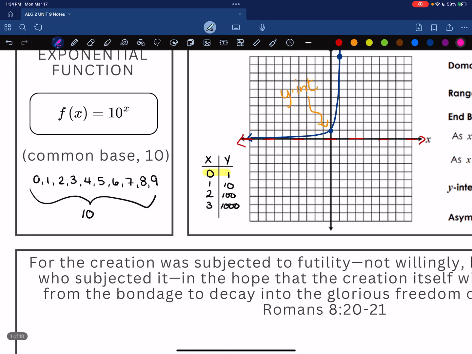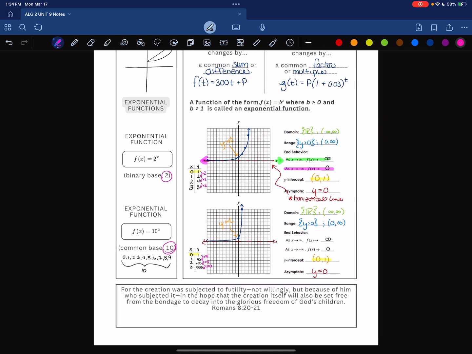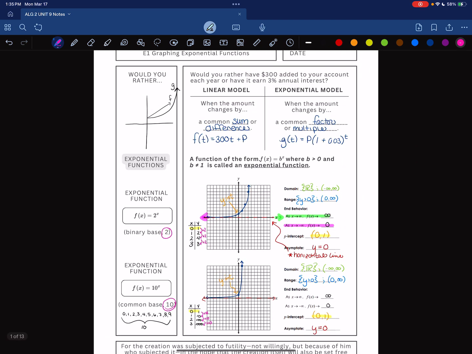And here it is each time multiplying by 10, which is the base. So that base is going to be indicating the factor or the multiple, the amount at which our exponential function is increasing or decreasing over time.